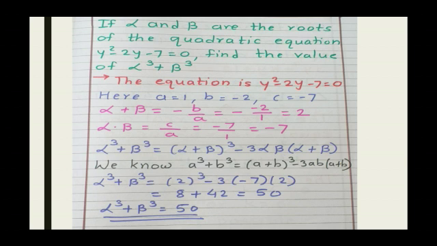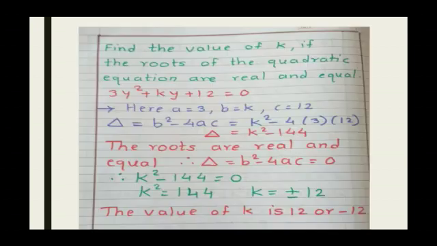Therefore, alpha cube plus beta cube is equal to, put the value alpha plus beta, that is 2, its cube minus 3 into alpha beta value minus 7 into 2, as alpha plus beta is 2. Therefore, it becomes 8 plus 42 is equal to 50. Therefore, alpha cube plus beta cube is equal to 50.